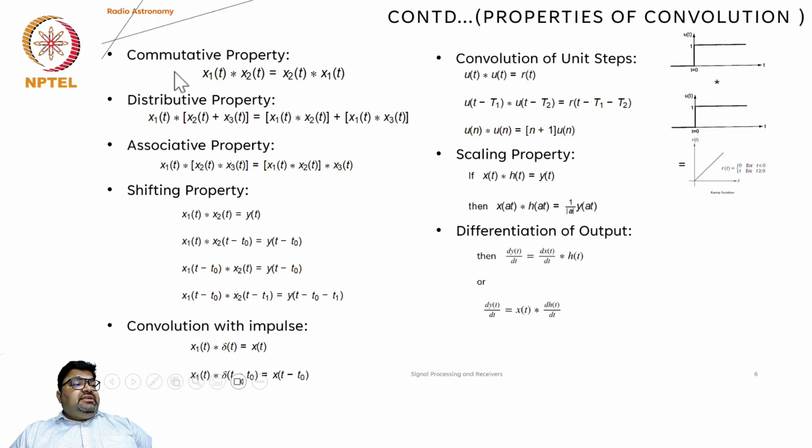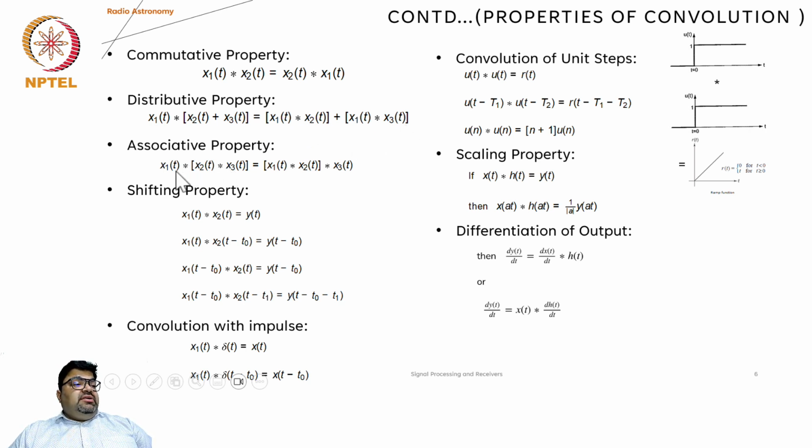Convolution has different properties. Commutative property: x1 convolved with x2 is equal to x2 convolved with x1. Convolution of unit steps can also be done. Distributive property: x1 convolved with (x2 plus x3) is x1 convolved with x2 plus x1 convolved with x3.